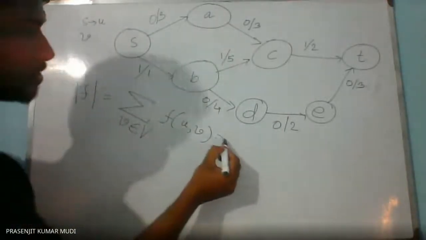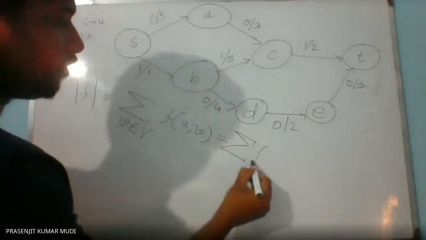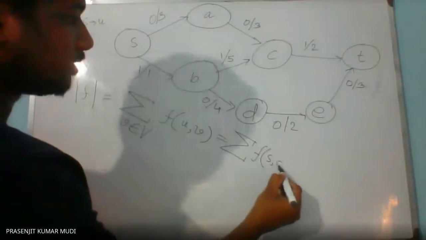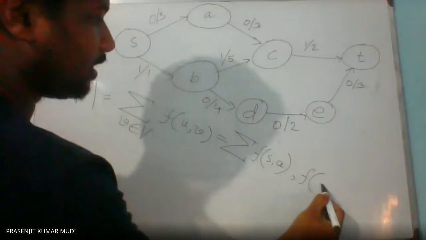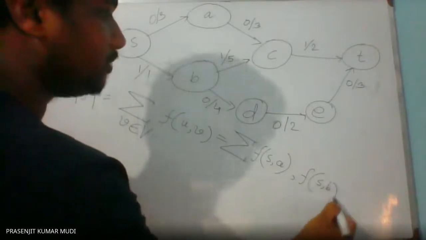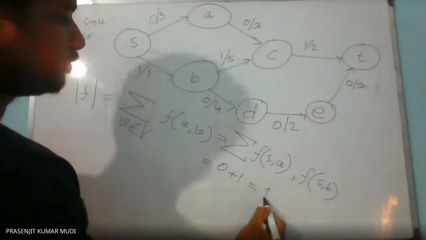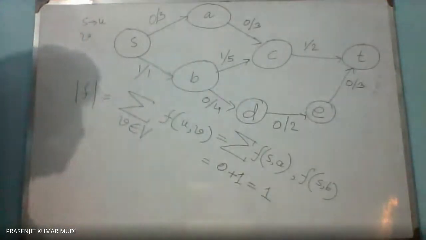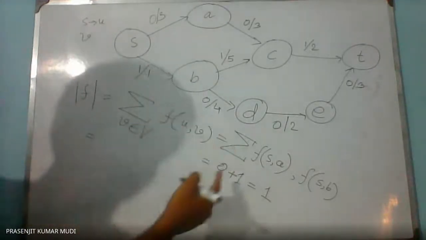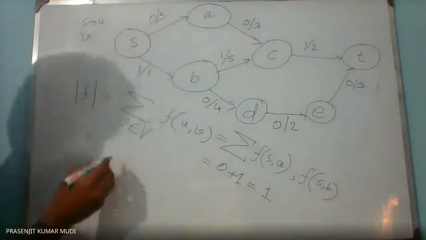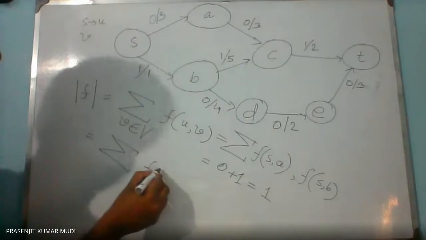So it is equal to the sum of flow of (S, A) and f(S, B), and that is 0 plus 1 is equal to 1. That is the flow of the overall network, the net outgoing flow from the source, and it is equal to the net incoming flow towards the sink.